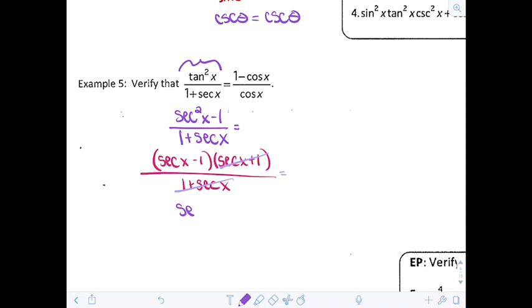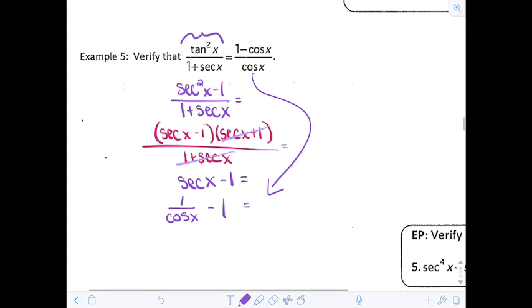Great. The secant of x minus 1 is going to equal, I still don't have it in terms of cosine, so I'm actually going to write the secant as 1 over the cosine of x minus 1. Well, if I want to combine these, because remember, I'm trying to get it equal to 1 minus cos x over cos x, so I'm actually going to get a common denominator.